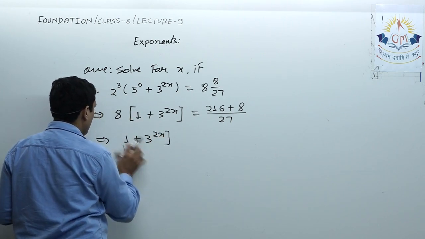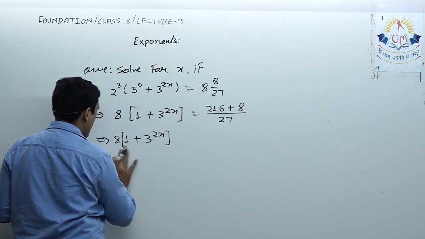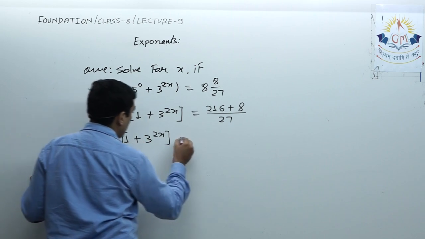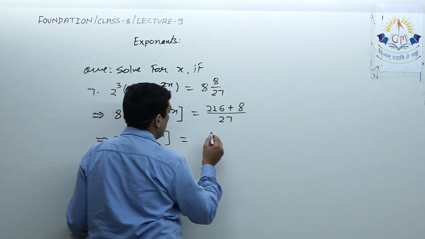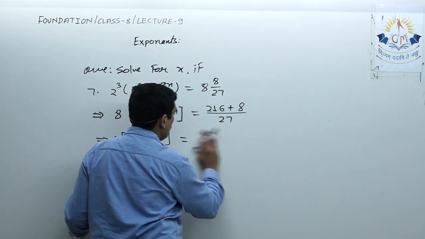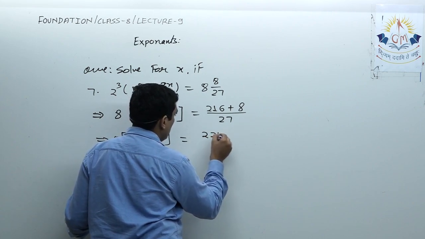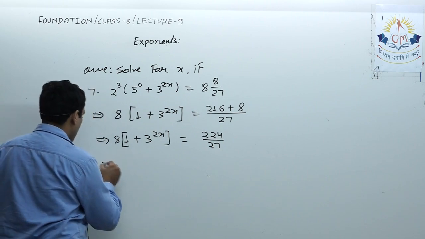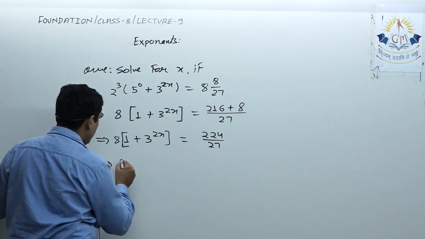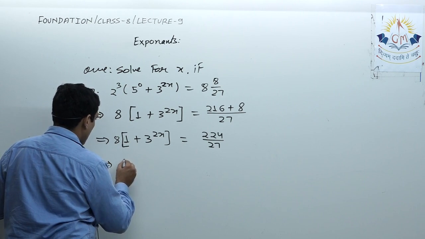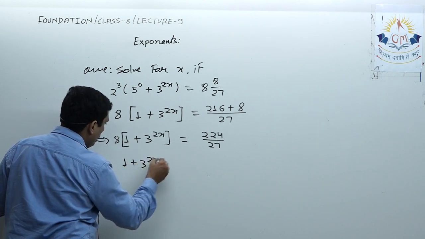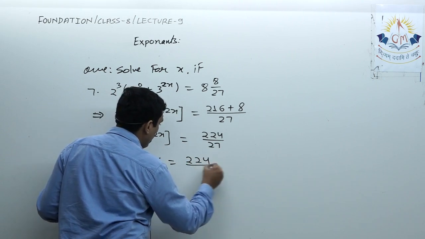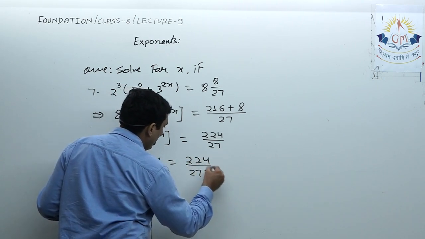Okay, here 8 is there, is equal to 224 upon 27. Okay, therefore 1 plus 3 raised to 2x is equal to 224 upon 27 into 8.